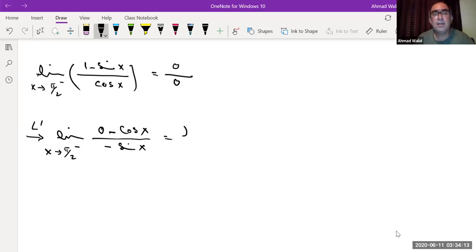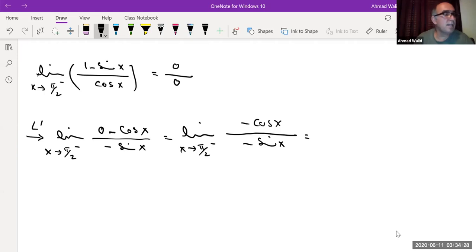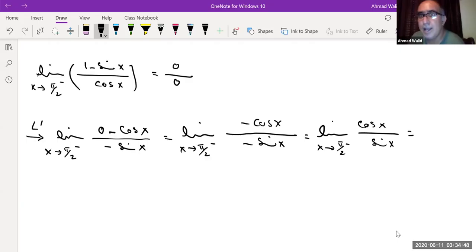Simplify a little bit. The limit as x approaching pi over 2 from the left of negative cosine x over negative sine x, or you can say the limit as x approaching pi over 2 from the left of positive cosine x over sine x.